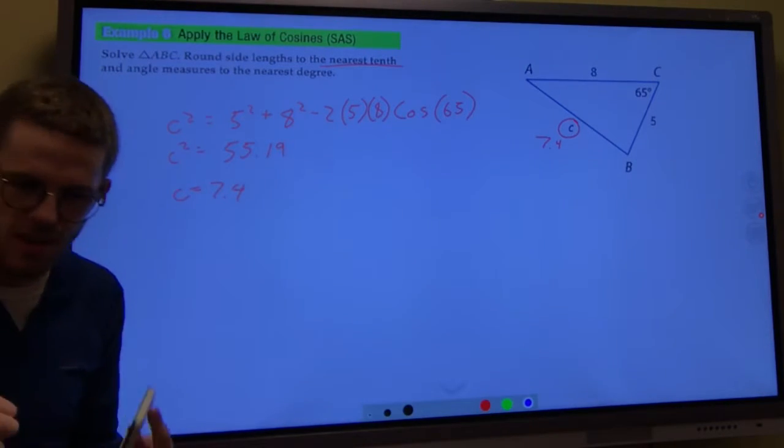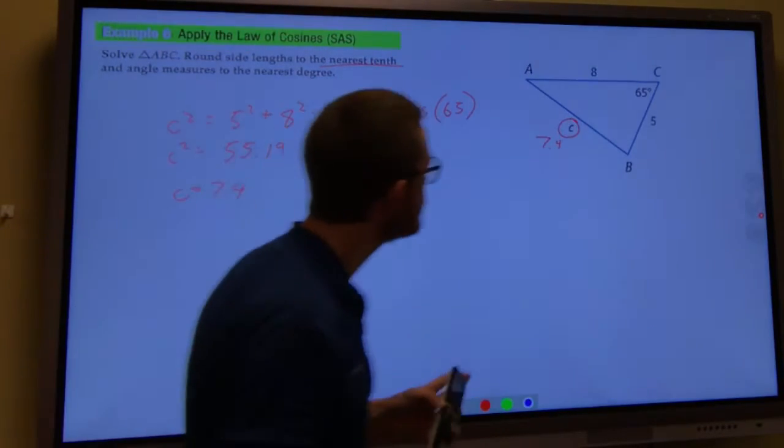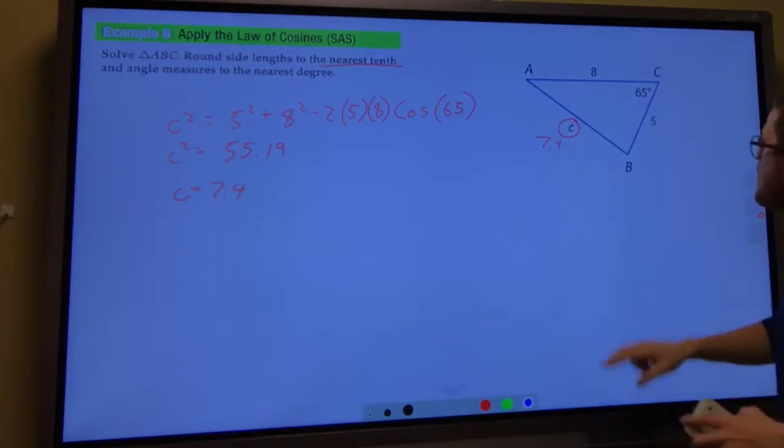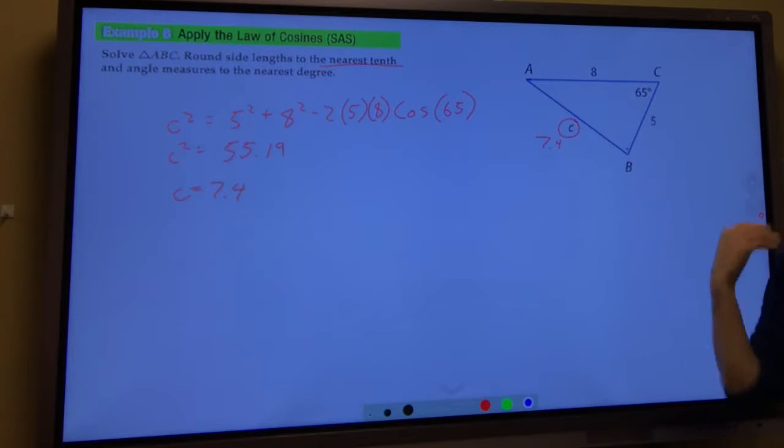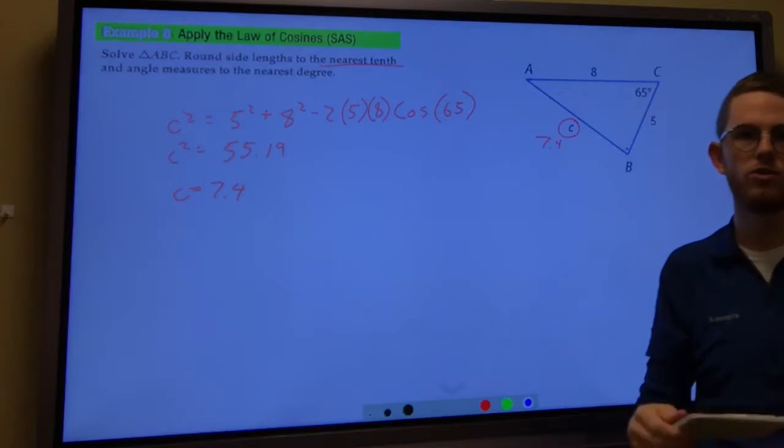Now, it'll be tempting to use the law of sines now to find one of our angles, but I'm going to highly, highly recommend you use the law of cosines.